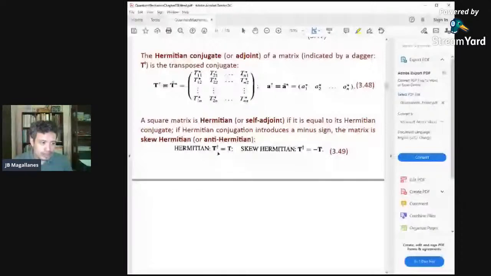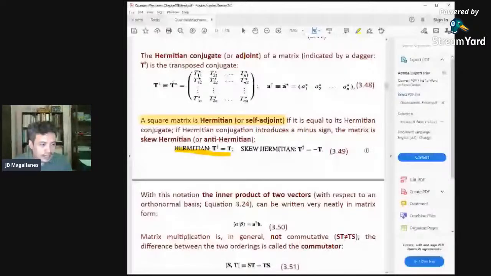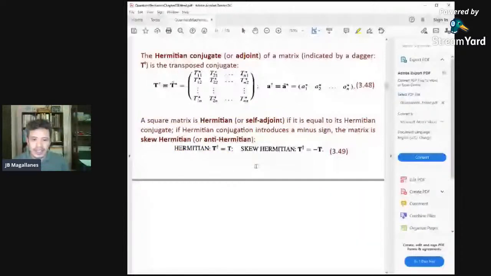And it is skew Hermitian if the Hermitian conjugate of that matrix is equal to the negative of the original matrix. So it's a definition.